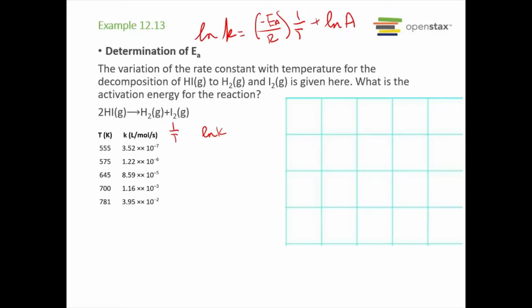So 1 over T, we get 1.80 times 10 to the negative third, 1.74 times 10 to the negative third, 1.55 times 10 to the negative third, 1.43, and 1.28.